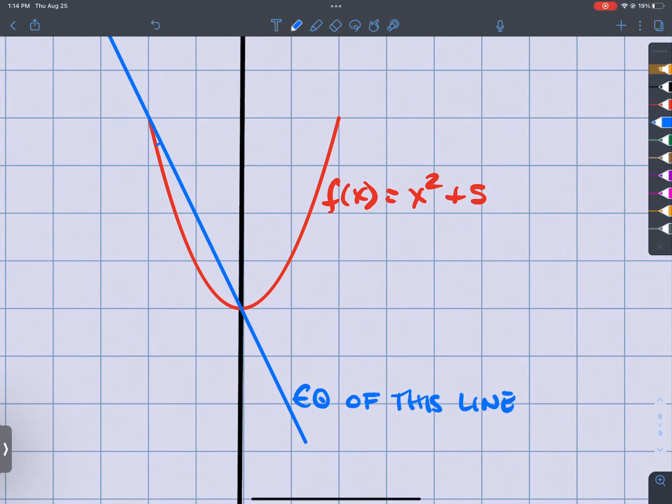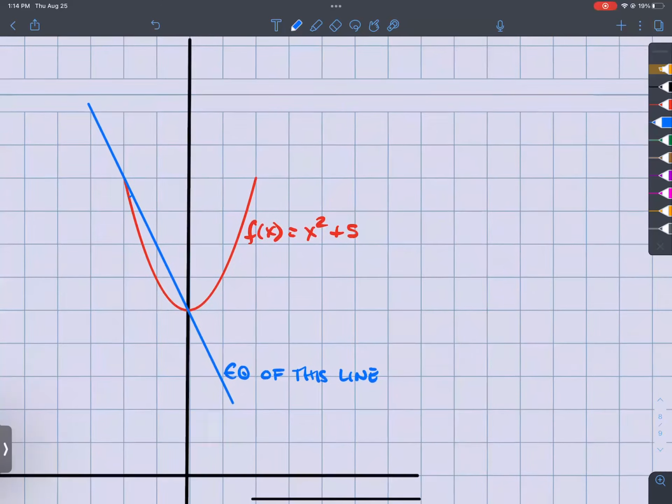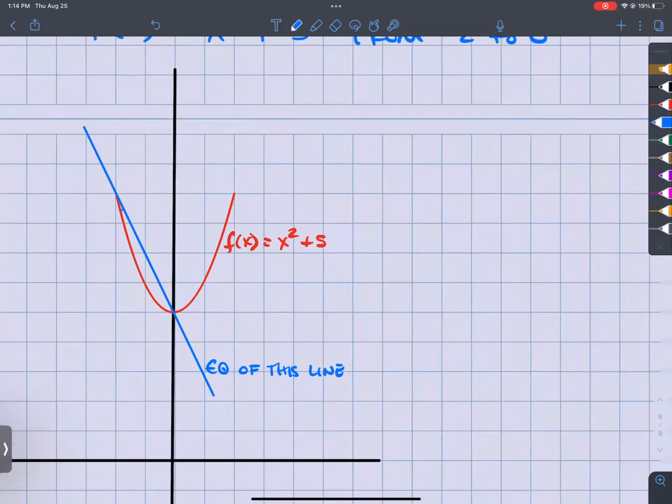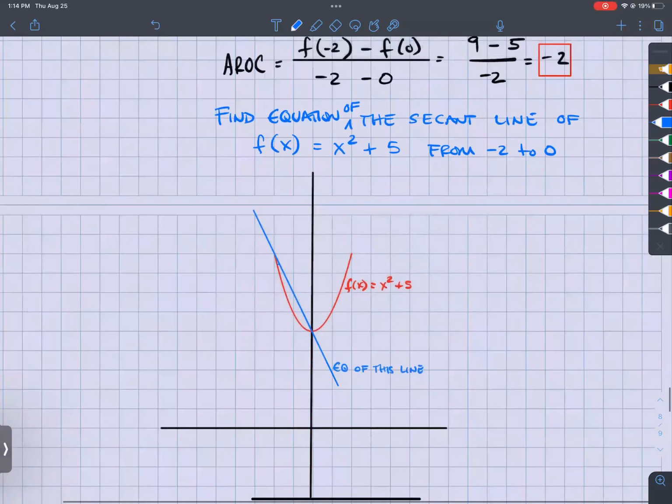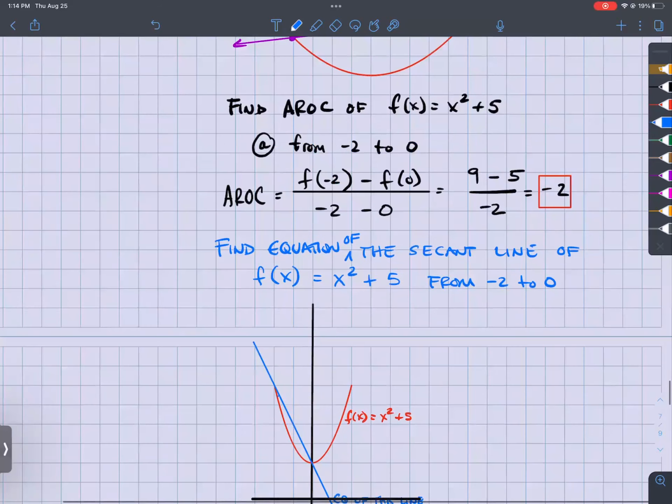In order to find the equation of this line, what do I need? 2 points. I just need 1 point, plus 5. Now that I drew it, yeah.